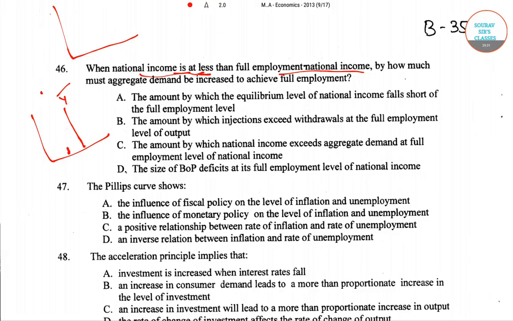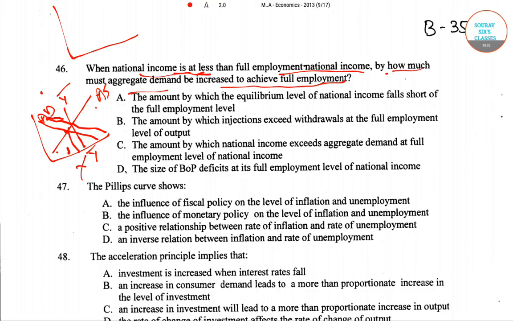By how much must aggregate demand be increased to achieve full employment? Say for example, this is aggregate demand, this is aggregate supply, and the output is here. So aggregate demand has to come here to make it equal, to reach the full employment level of national income.